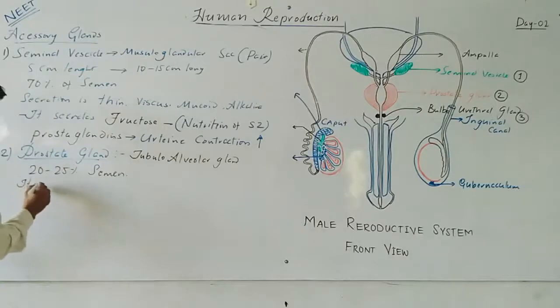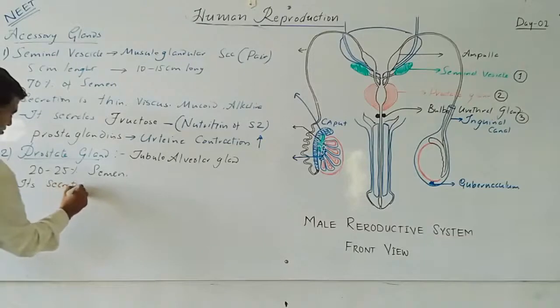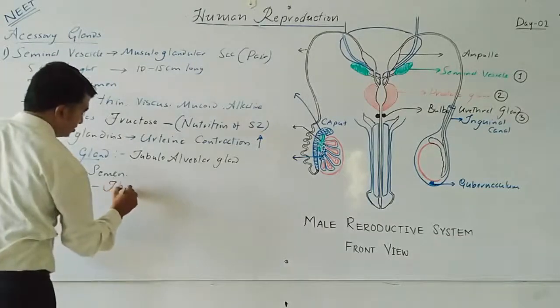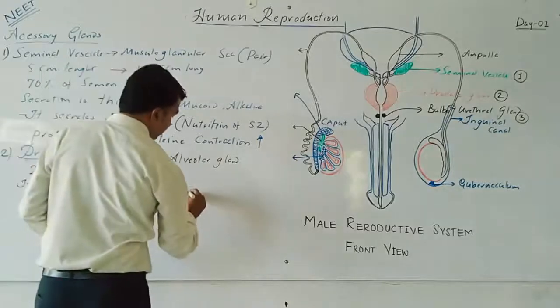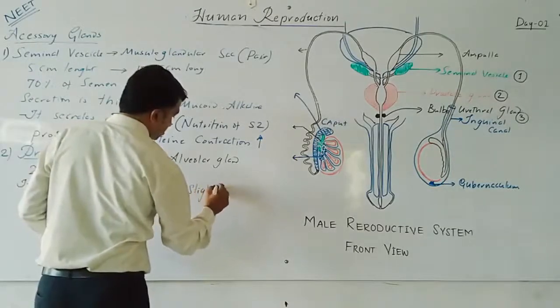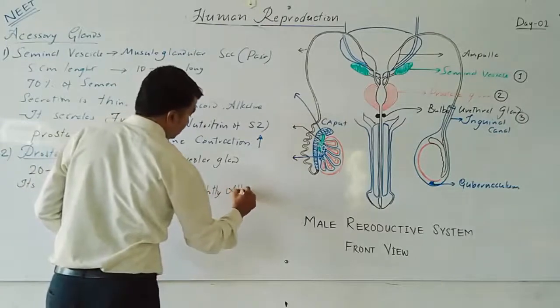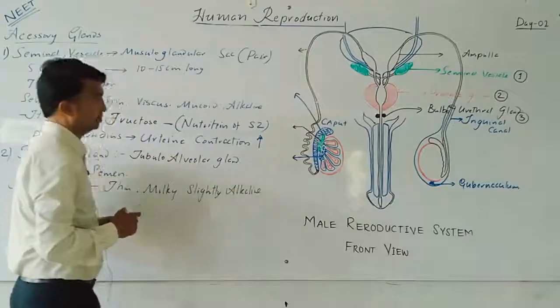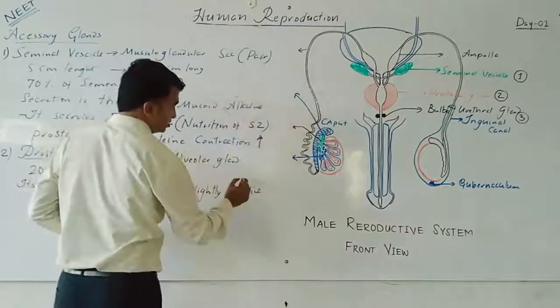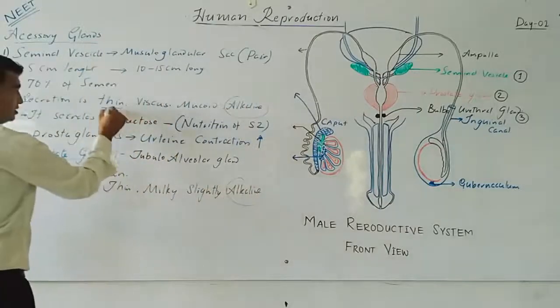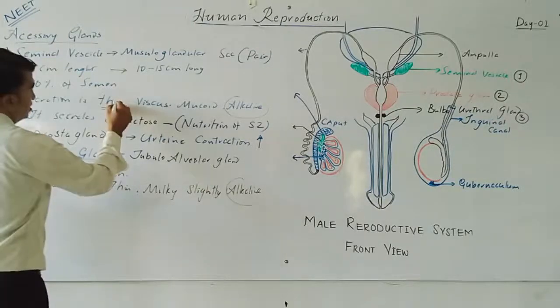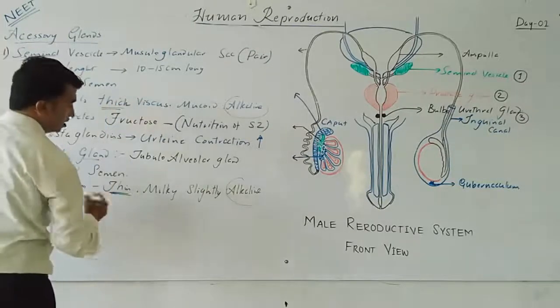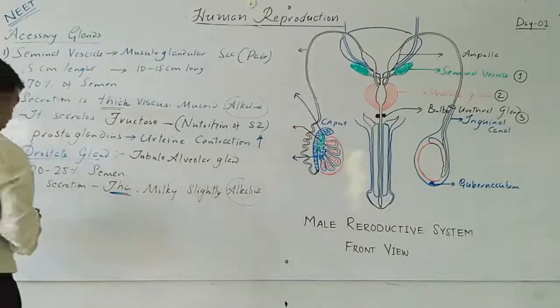Its secretion is thin, milky, and slightly alkaline. The seminal vesicle secretion is thicker, while here it is thinner.